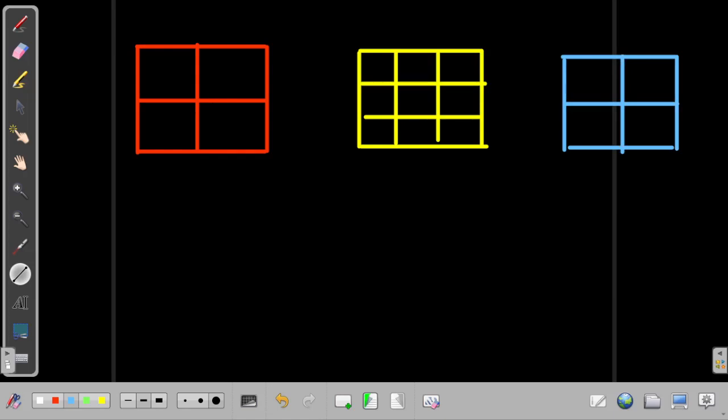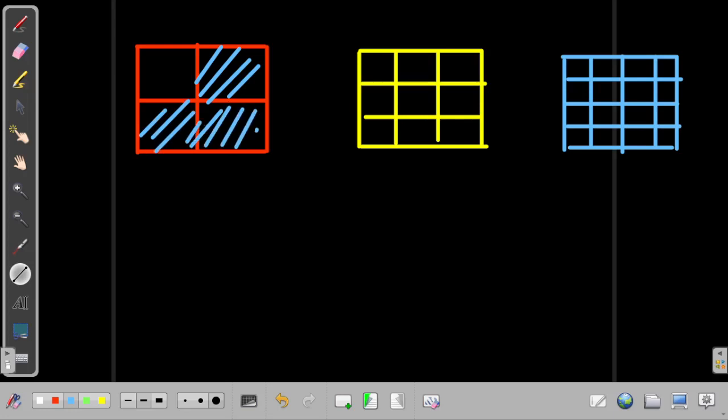Now here we need to get 4 into 4. Now see here, this is the first region. This is the first box, and how many boxes are here? This pattern I need you to know: 1, 2, 3. Next, here is a pattern.